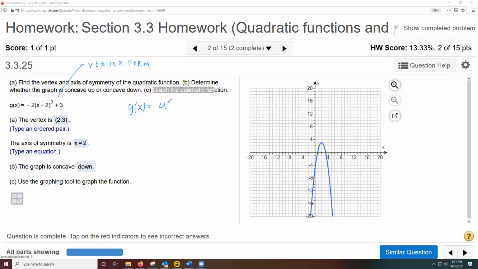We write it as a times (x minus h) squared plus k. This is the general form of what we call the vertex form of a quadratic function. And if I write it this way, then h comma k is the location of the vertex. And it's really an xy point, but instead of using the letters x, y, we use the letters h comma k, but it still means the location of the vertex.